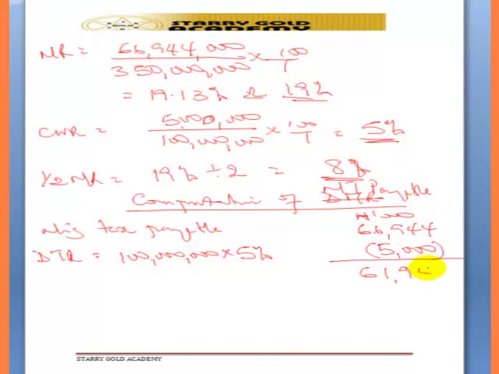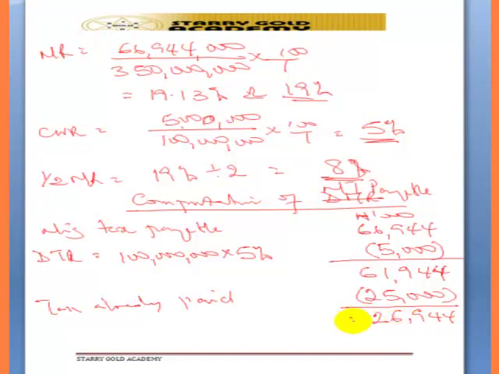So we have 61,944,000. And tax already paid is 25 million. We have 36,944,000. That is the tax due to be paid.